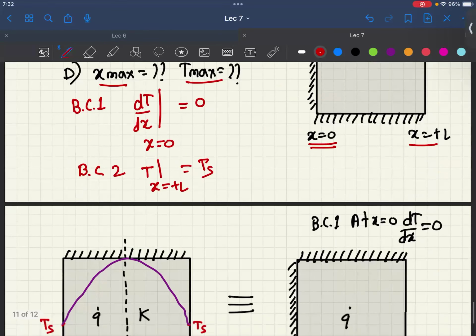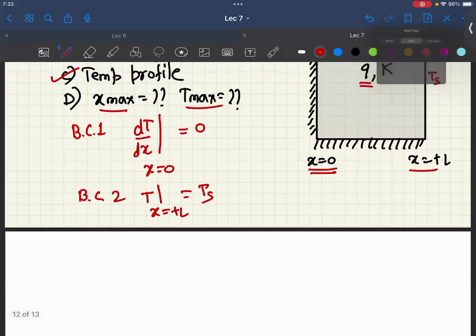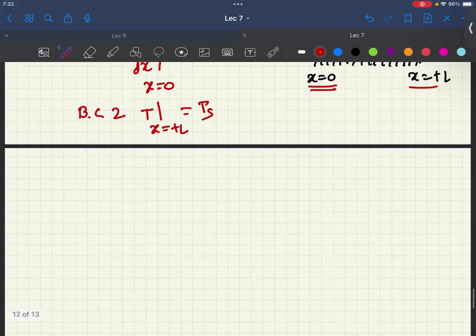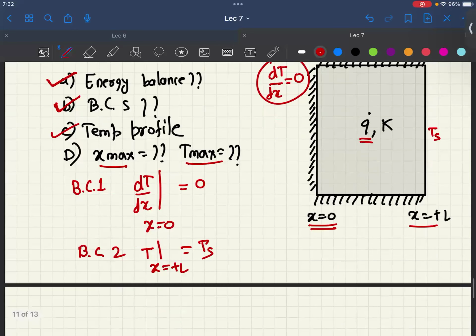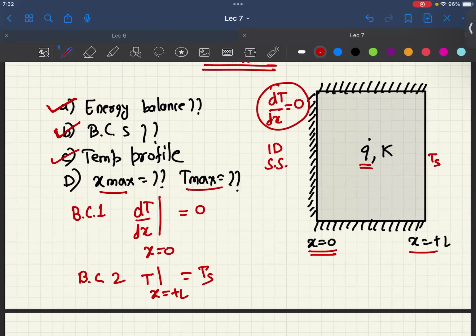So let me just try to solve this. This is clearly a one dimensional, steady state system, and the cross sectional area is constant.